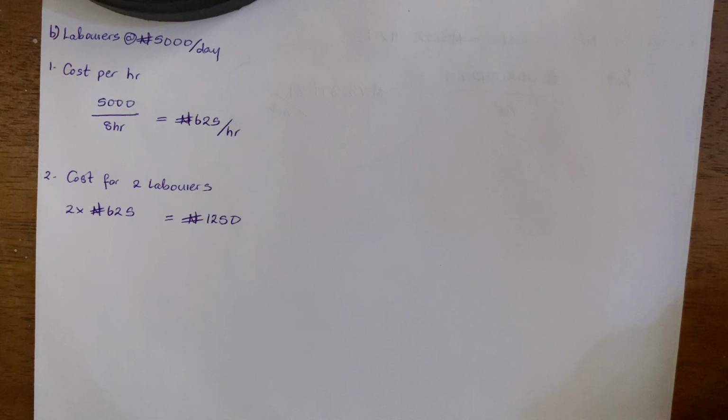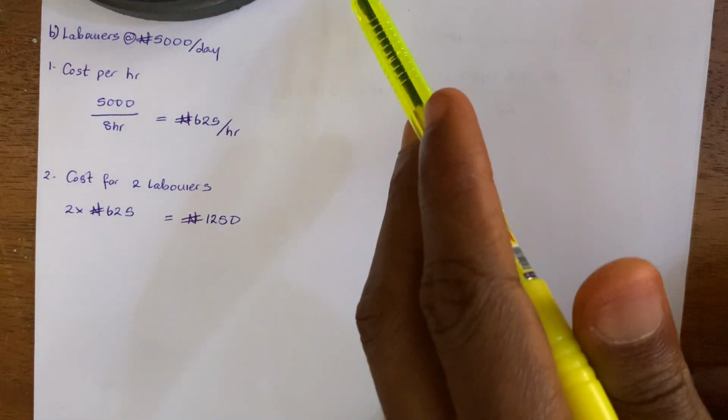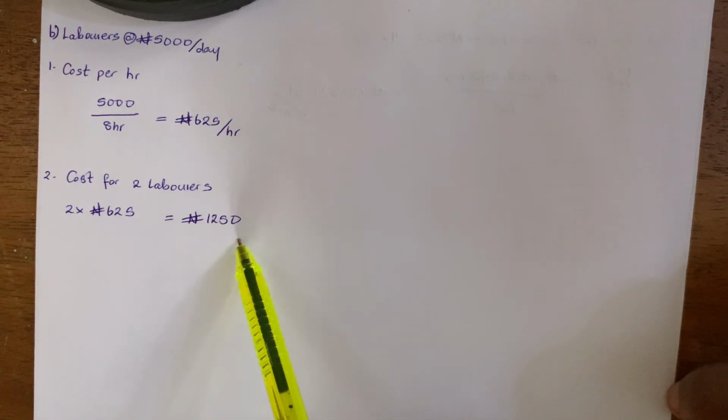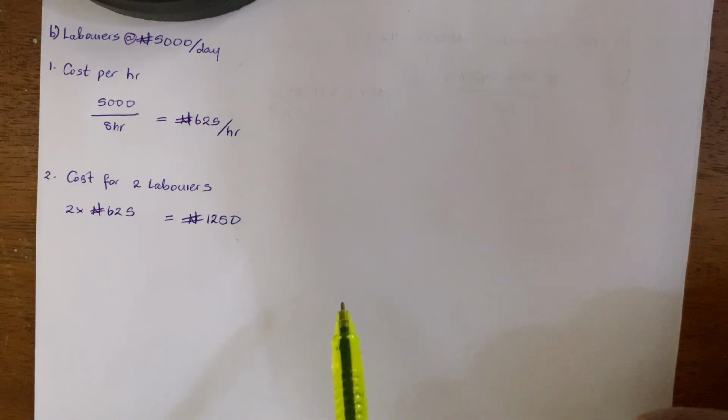So what we can now do to get how much we have to be paying our laborers for placing, we can now add the built up costs per hour for one tradesman and the 2 laborers. We can add them together. When we add them together, we will multiply it by the 3.5 hours the both of them are to use to place the concrete.